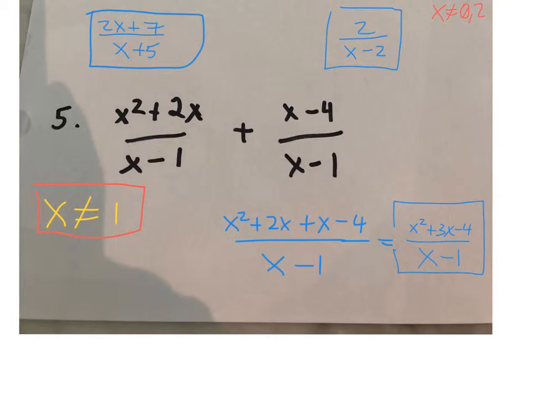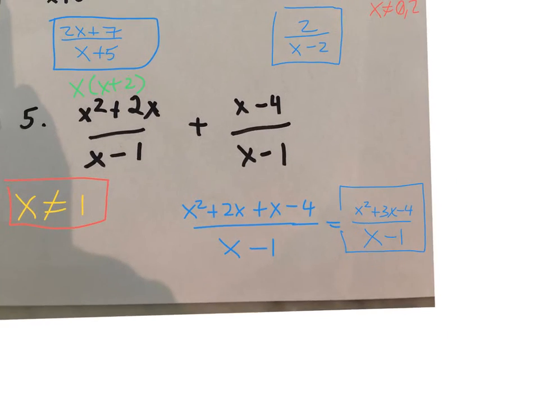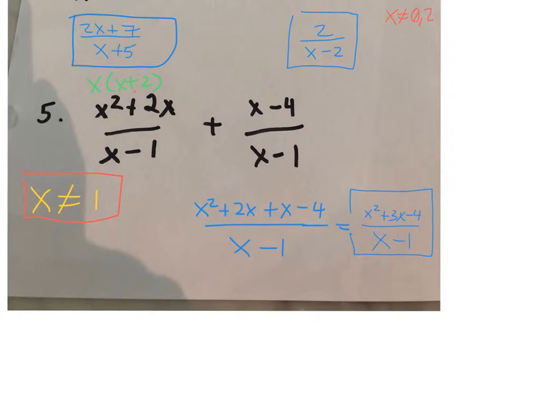I suppose it might have been smarter for me to factor x out here to turn this into x times x plus 2 first, just to double check and see if I can cancel one of these factors with the denominator. As it turns out, I can't cancel anything up here with the denominator, so there are no cancellations here, and therefore this is actually the simplest form. There are no cancellations that can take place here either.